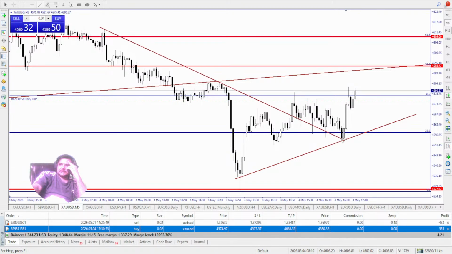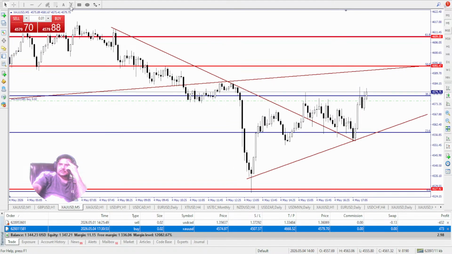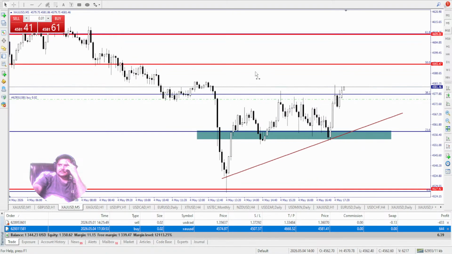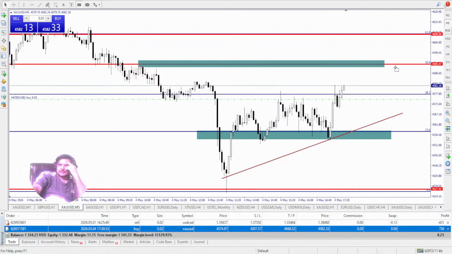On the 1 minute, I see a change in trend. Became officially bullish now, above this level. Till this level.